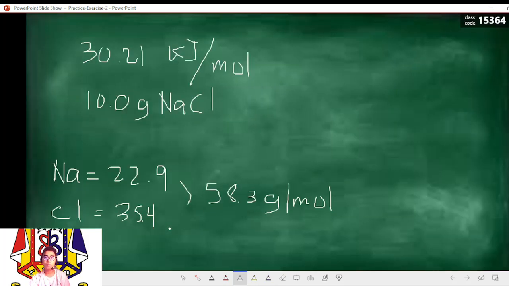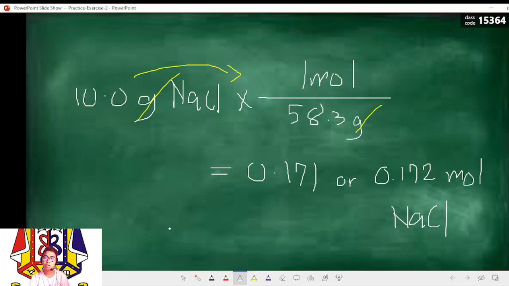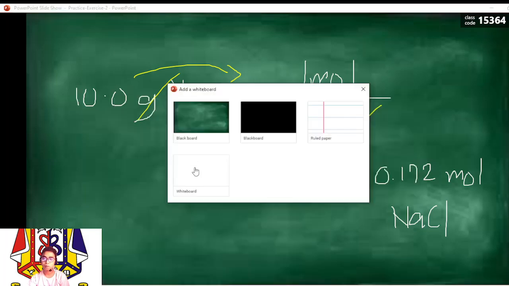So again, we have the givens: 30.21 kilojoule per mole, and the number of moles, which is 0.171 or 0.172 moles of sodium chloride. Now we are ready to use the equation Q equals n times molar heat of fusion. Let me make a new blackboard. Q equals n times molar heat of fusion.